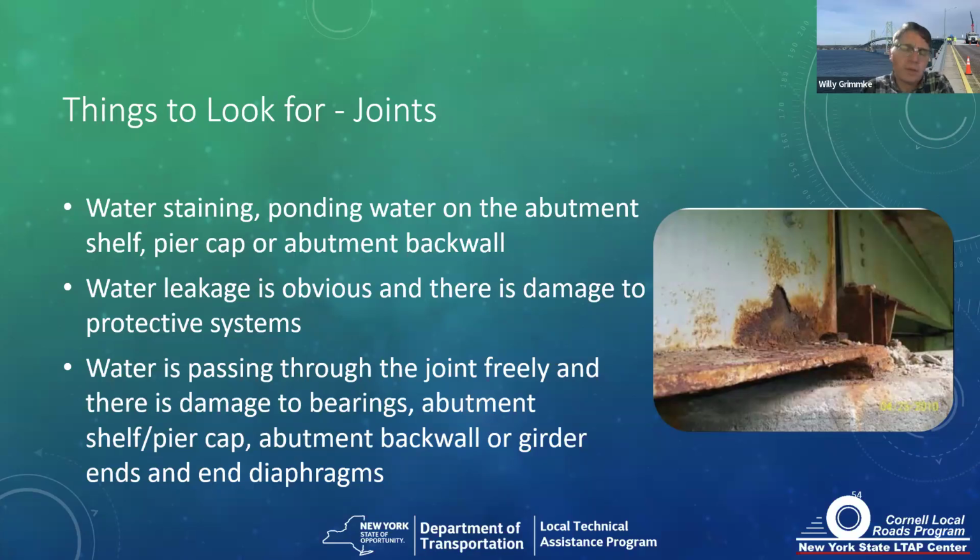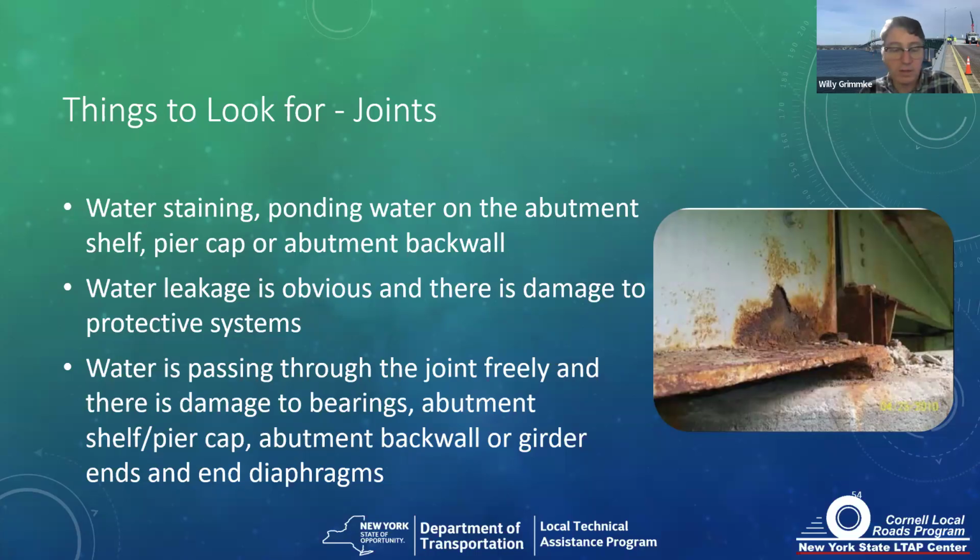So you want to look to see if they're leaking. If you've got some staining or you've got evidence of puddles on the abutment or pier cap, look at these seals if they're meant to be sealed joints, to see if those are still in good shape and intact.